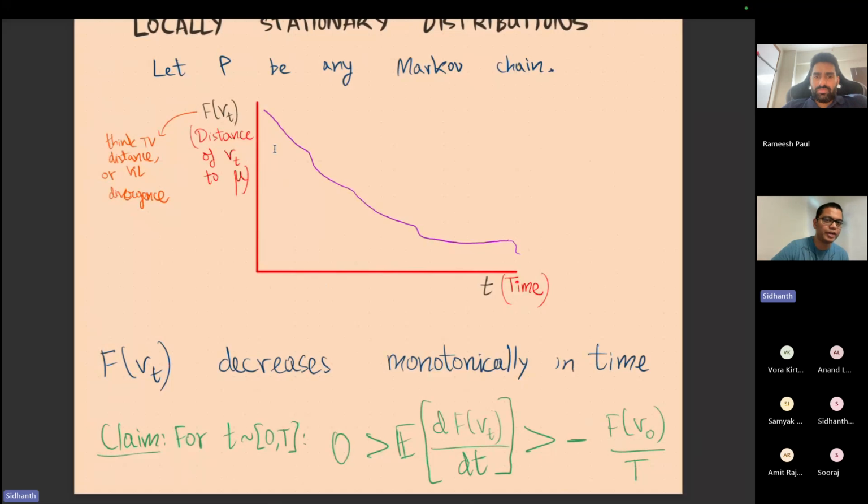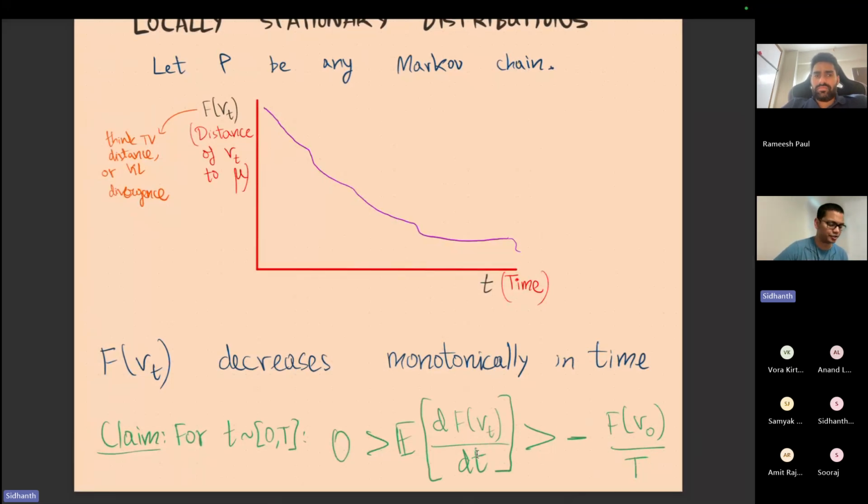And you can basically see it from this picture. Here you have a curve that starts off at some number and is only possibly decreasing. If it's decreasing at a steady rate, it's going to hit 0 at some point. But if it doesn't hit 0, it means at some point it stopped decreasing as fast. That is, this particular derivative quantity was small in magnitude.